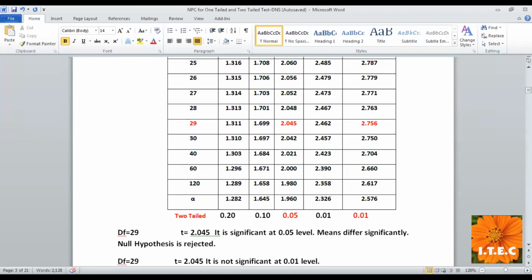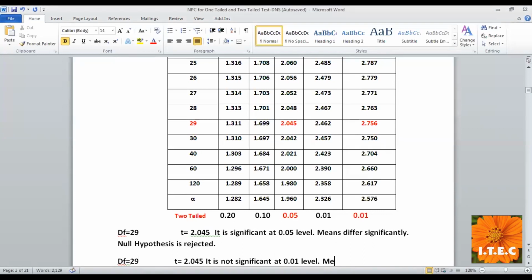So if the value is significant at a higher error level, then it may not be significant at a lower error level. But if the value is significant at a lower error level, then it has to be significant at a higher one. This is important. So it is not significant.